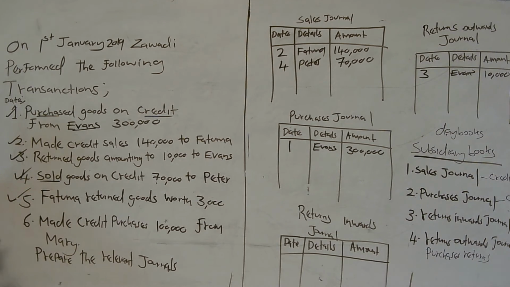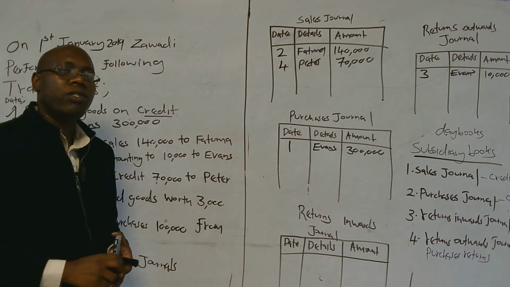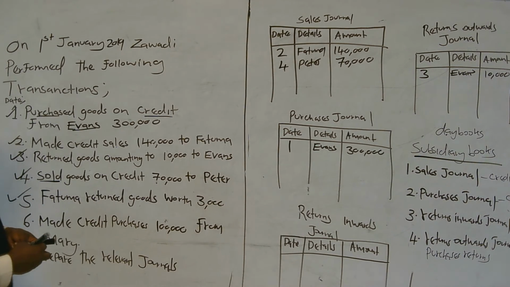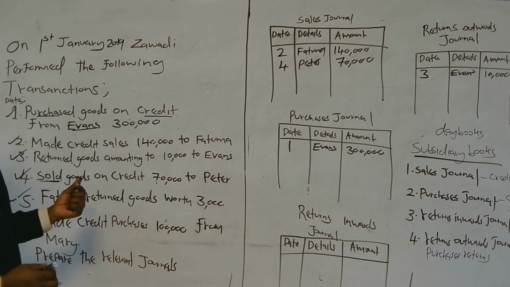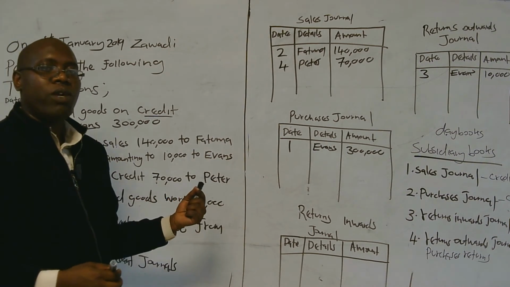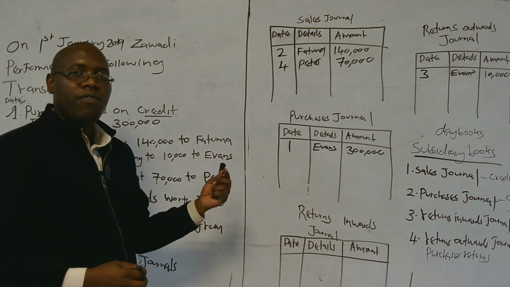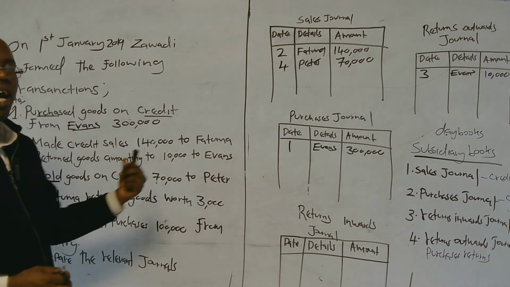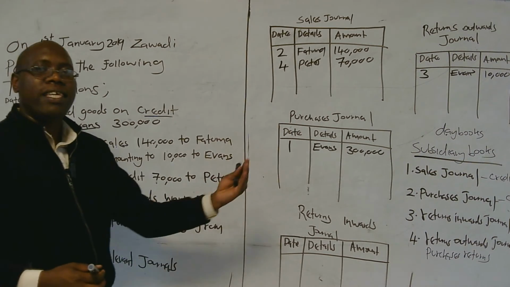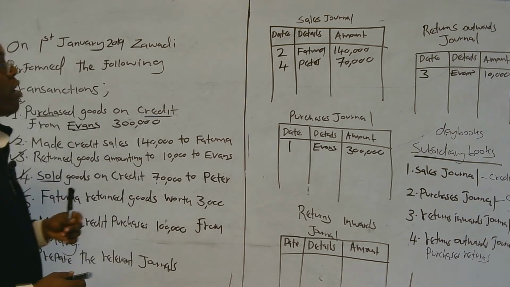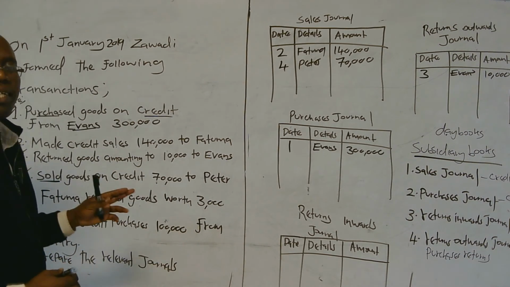So Fatuma is the one returning. We say that whenever a customer is going to return commodities, that one is going to be returns inwards. Remember, the other name of returns inwards is the sales returns. We had actually sold it to Fatuma, and Fatuma is returning to us. So the goods are coming inside the business. That's why it's going to be returns inward.